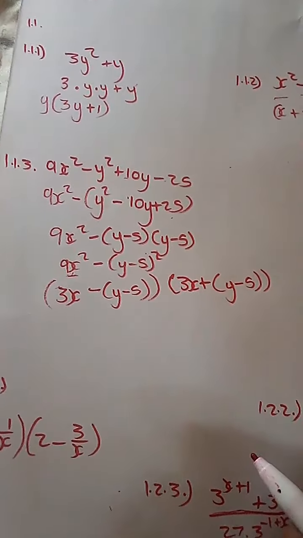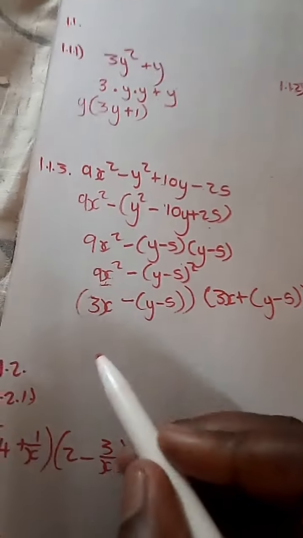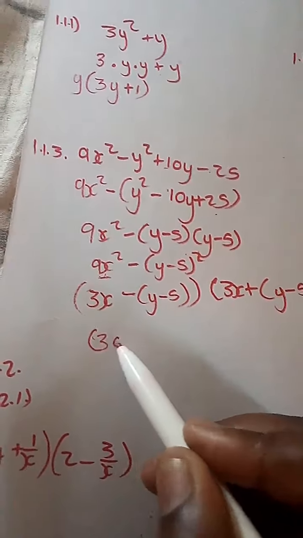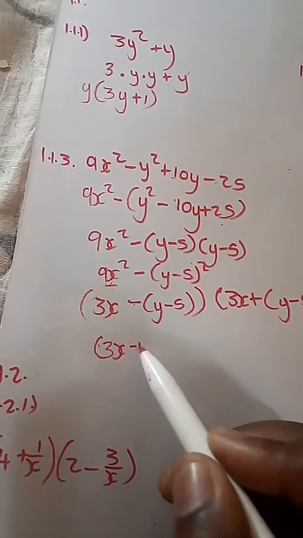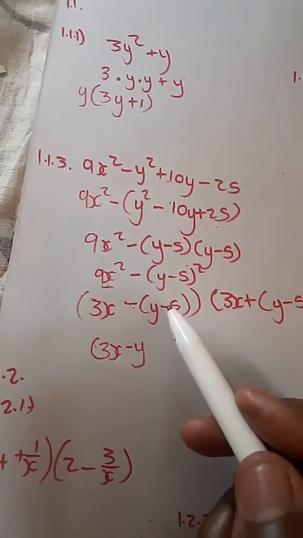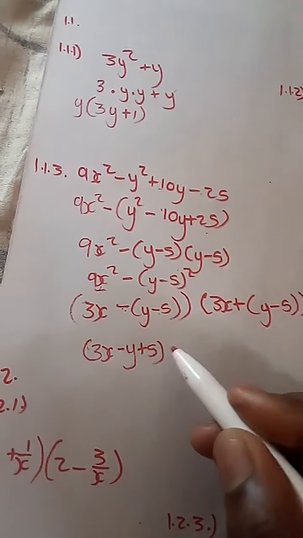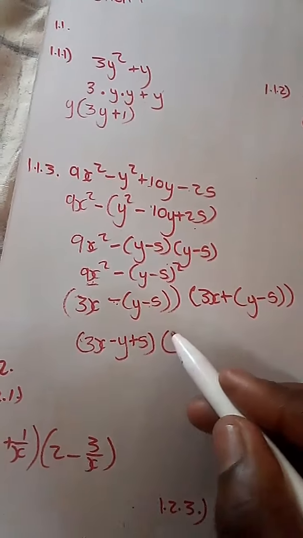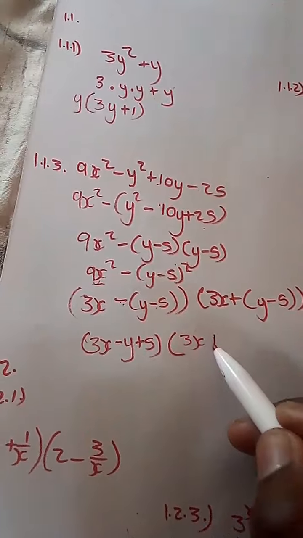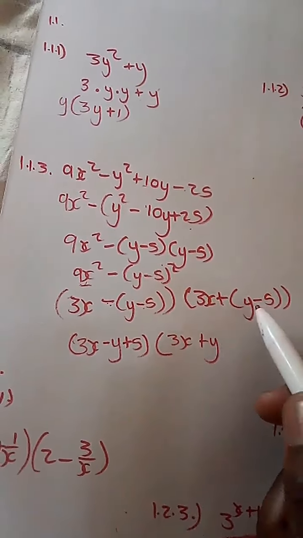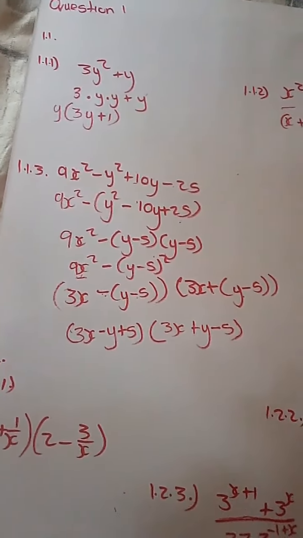That's our second bracket. Now we just have to remove these brackets inside. So it's going to be 3x, negative into positive y is negative y, negative into negative 5 is positive 5. And for this one, 3x, positive into positive y is positive y, positive into negative 5 is negative 5, and that is our final answer.